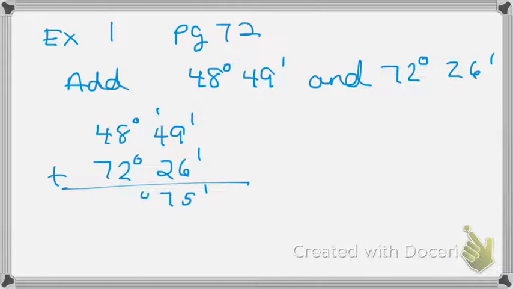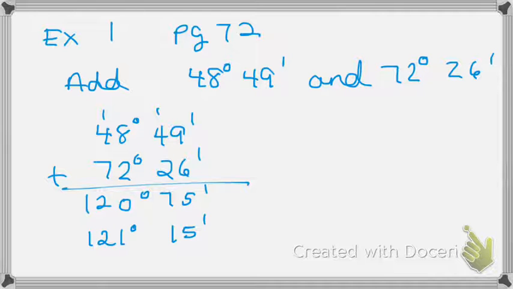And then over here in the degrees column, I've got 10, 11, 12. So I've got 120 degrees and 75 minutes, but remember, there's 60 minutes in 1 degree. So this is really 1 degree and 15 minutes. So if I were doing it by hand, I would go over and add a degree and make this 15 minutes. But that's just to show you kind of what's happening in the calculator, because you're just going to type them in the calculator, okay?